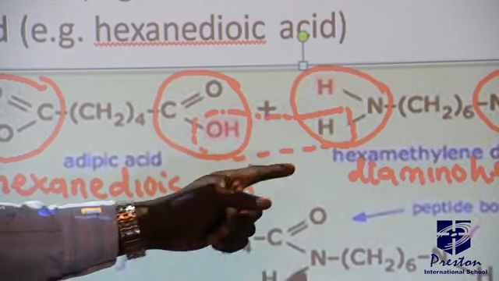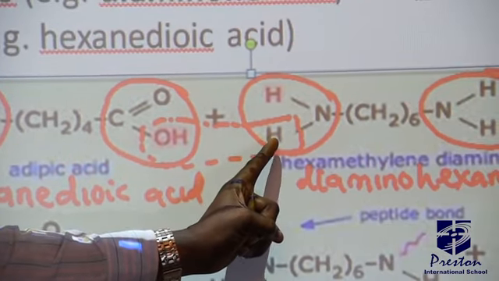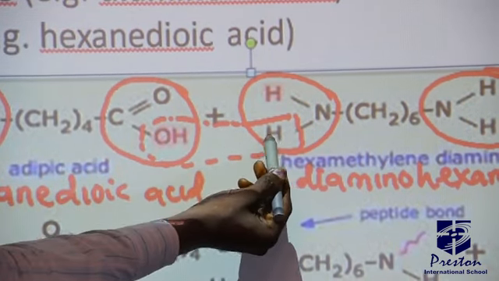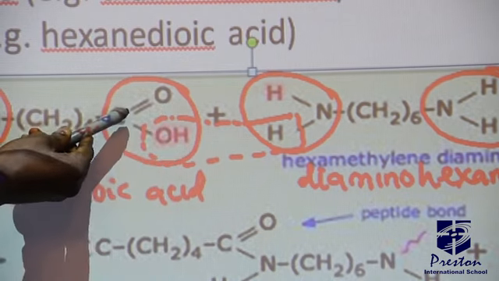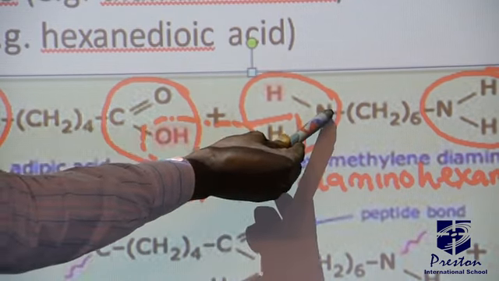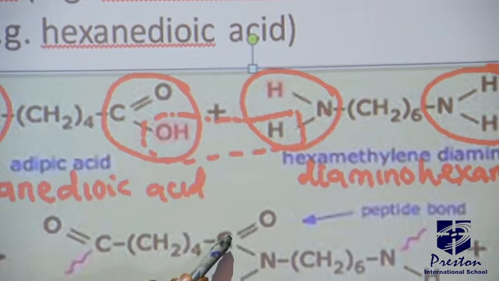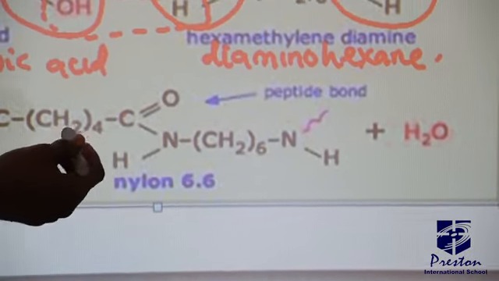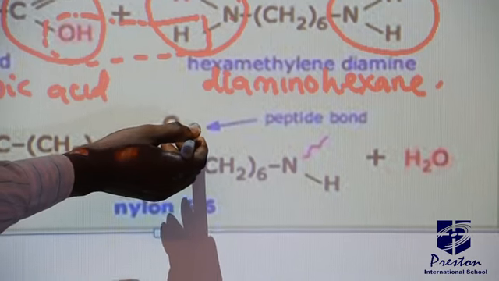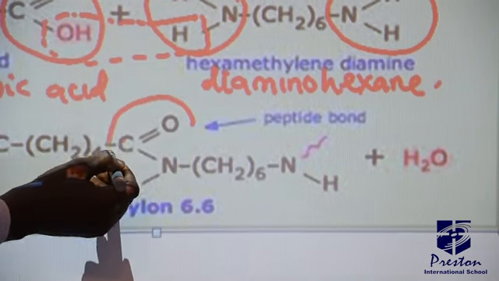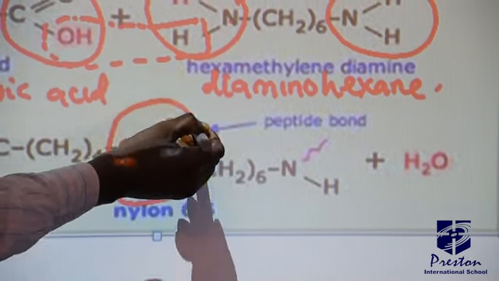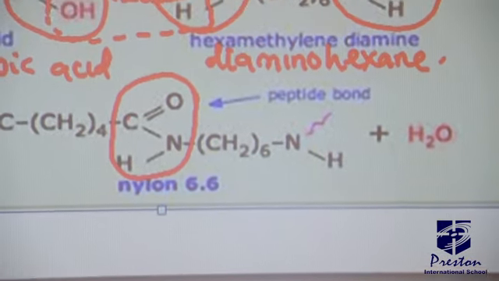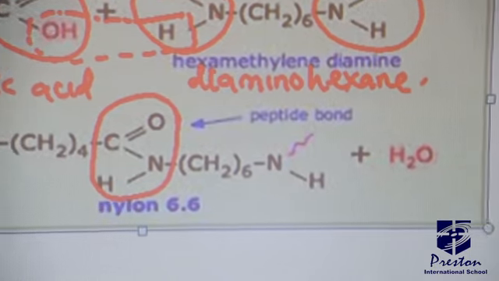And don't forget, water is formed from hydrogen and hydroxide group. So when you remove this water from here, you are now left with CO and NH. And that is the CO, NH you have here. That particular place where you have CO and NH, that is what you call the peptide linkage or amide linkage of this compound.